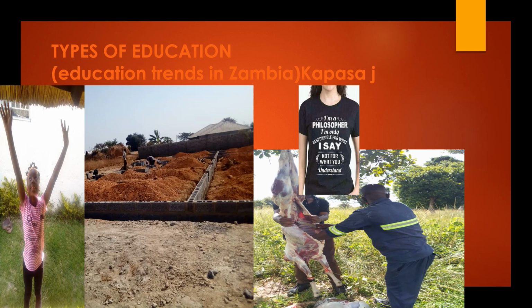Kids will be taught that once you eat this, your hand will stop growing, and they'll believe that. There are so many. That is what is called indoctrination, where they teach you something and you take it as gospel truth. You can't question it.